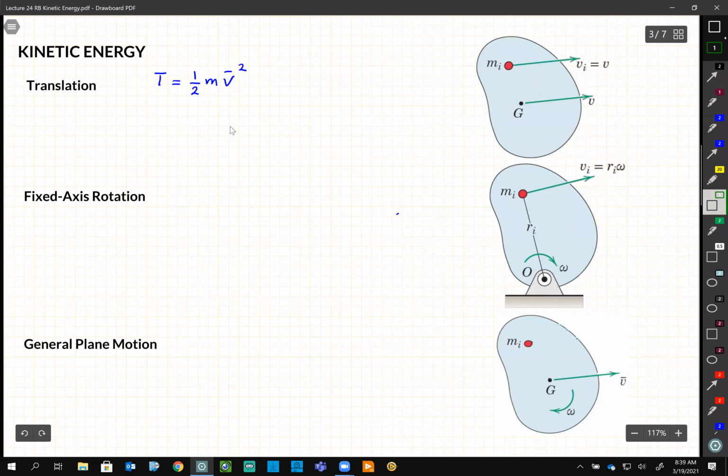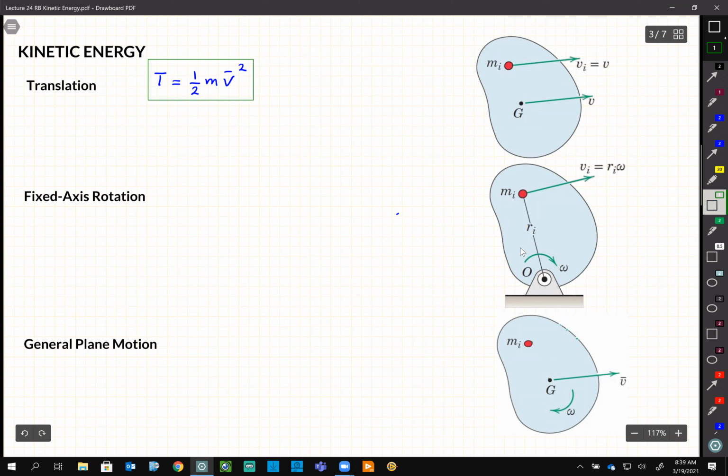It's very similar to particles. It doesn't matter how big it is. If it is an airplane moving on a straight line without any maneuver or rotation, its energy is 1/2 m v bar squared.